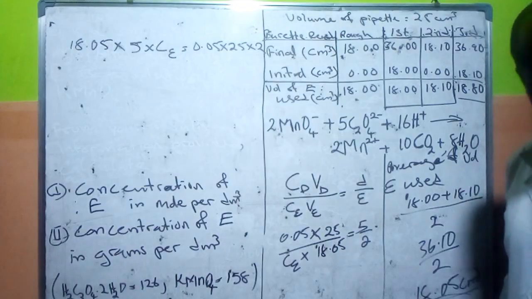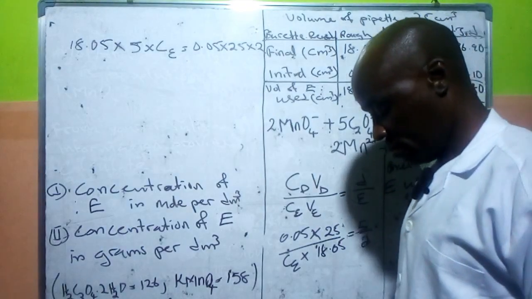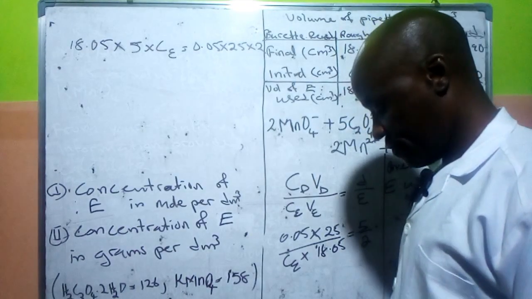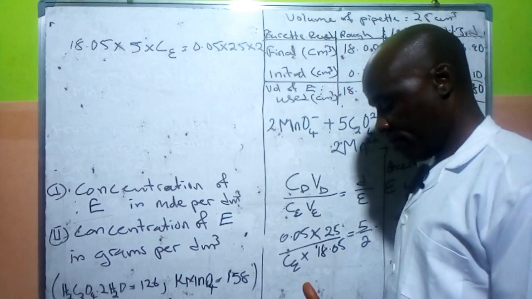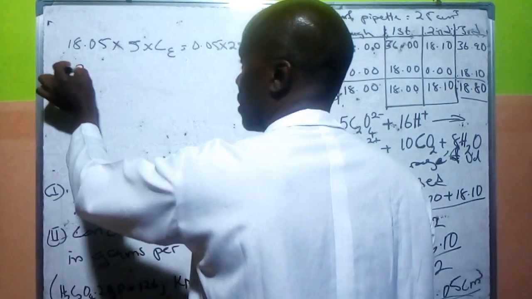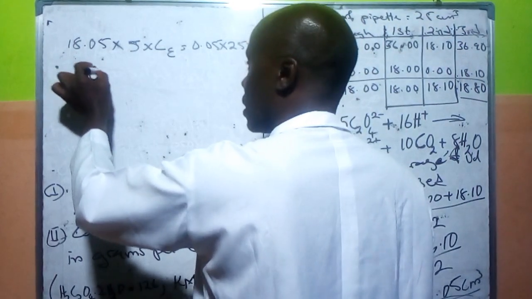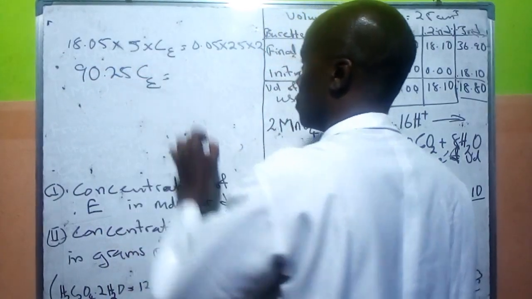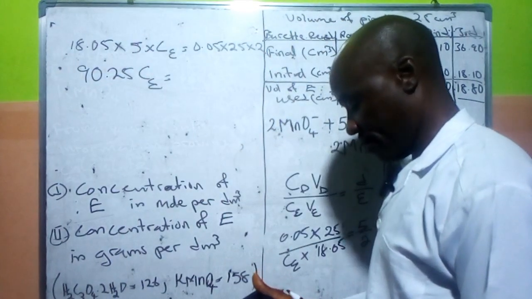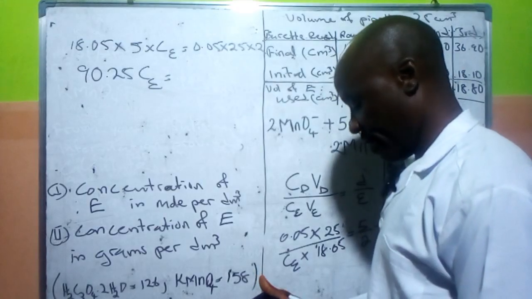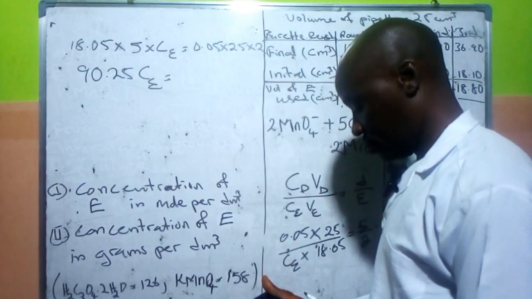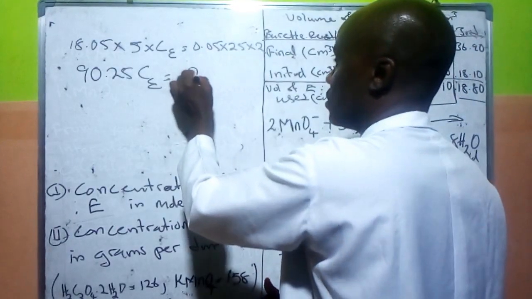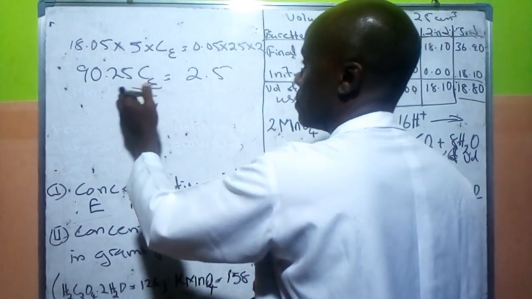So when we do that times 5, we have here 90.25 CE equal to 0.05 times 25 times 2. We have 25.5.